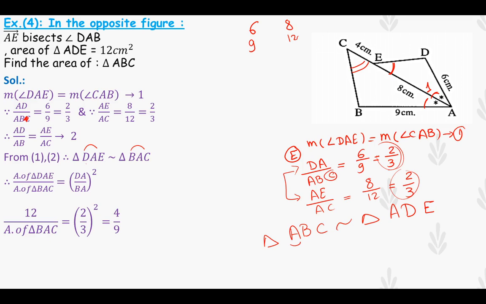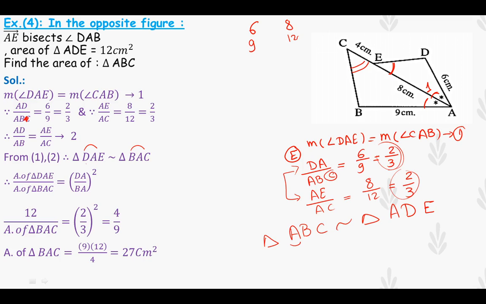DA over BA is one of the ratios, which equals 2 over 3. So it will be 2 over 3 to the power 2, which in simplest form equals 4 over 9. Cross multiplication: the area of triangle BAC equals 9 multiplied by 12 over 4, which equals 27 centimeters squared.